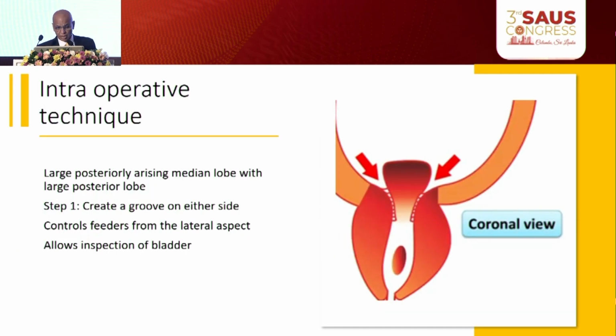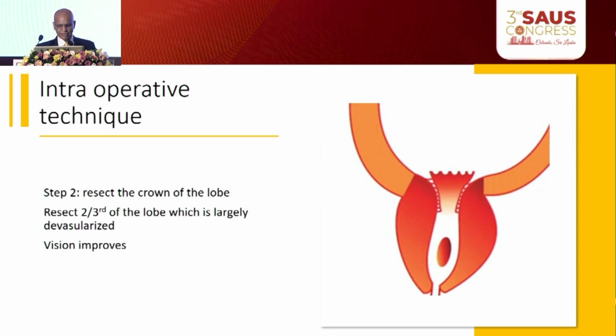The intraoperative technique would be to create a groove on either side, and I'm talking about the traditional classical median lobe arising from the posterior lobe. Create a groove on either side and control the bleeders which are supplying from the lateral aspect. That makes the median lobe more or less, not truly avascular, but less vascular. Once those 2 grooves are done, we could resect the crown of the median lobe, make it flat till the level of the bladder neck.